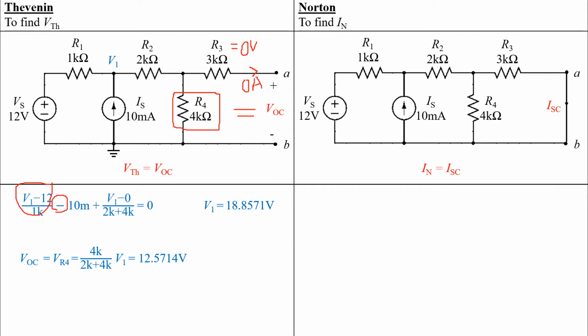The voltage divider rule is the resistance of R4 divided by the summation of the resistors in series, that is 2K plus 4K, multiplied by the voltage V1. So the open circuit voltage is equal to 12.57 volts. The Thevenin voltage VTH will be equal to the open circuit voltage VOC.